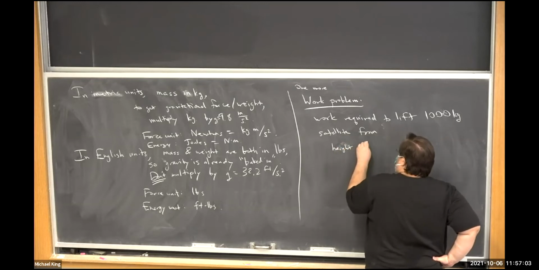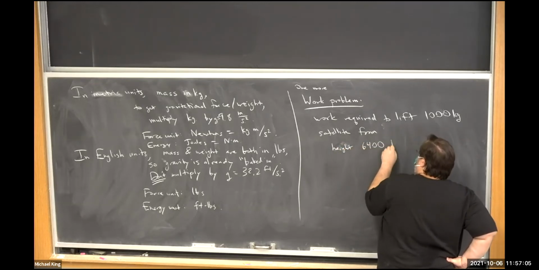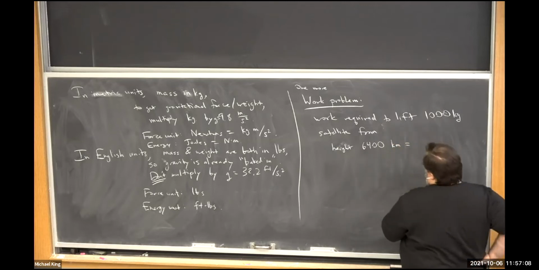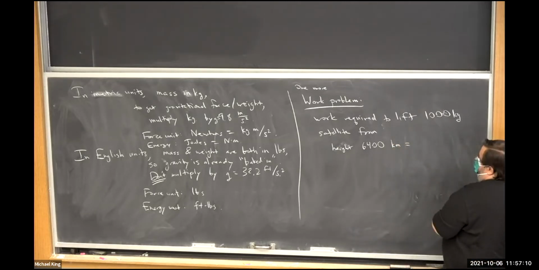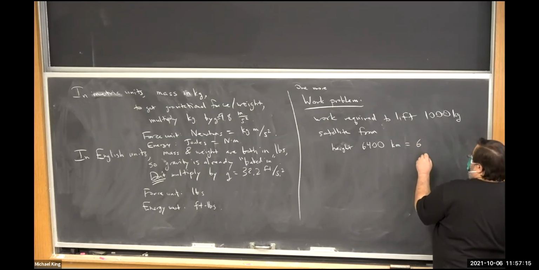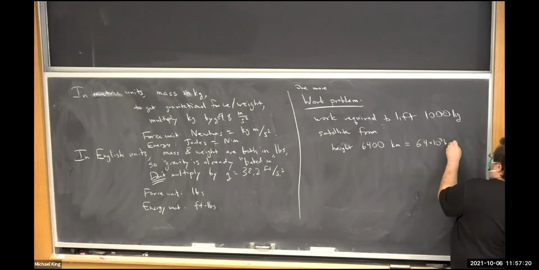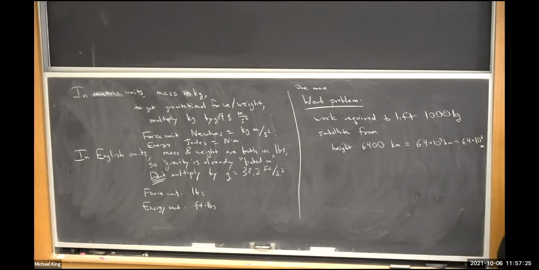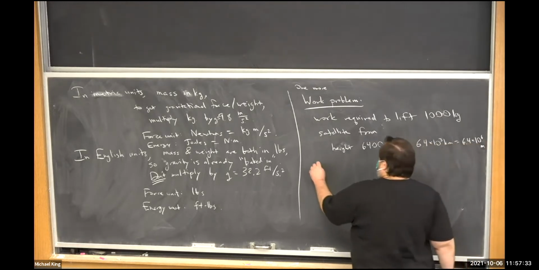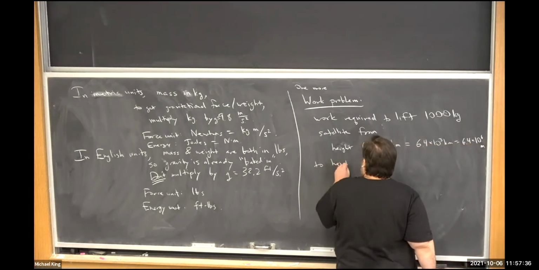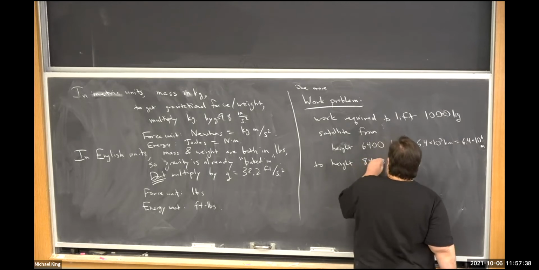See, it's really the height from the center of the Earth, 6,400 kilometers, which is 6.4 times 10 cubed kilometers, which is 6.4 times 10 to the 6th meters, right? You multiply by 10 cubed to go from kilometers to meters. To a height of 8,400 kilometers, because it's going up 2,000.